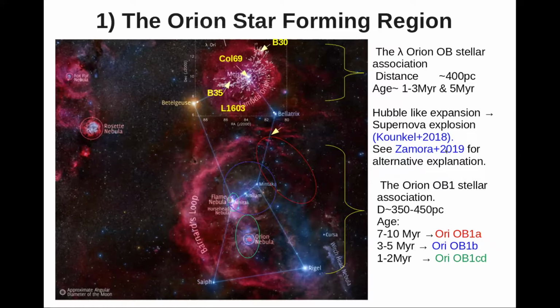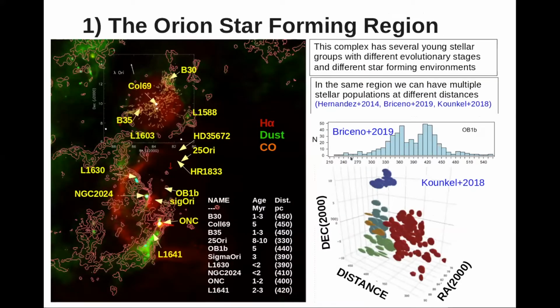So if we look at this region in more detail, we can see several clusters and stellar concentrations of different evolutionary stages. In a classical view, these stellar groups occupy different regions on the sky.